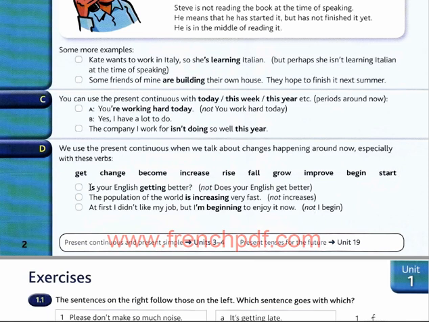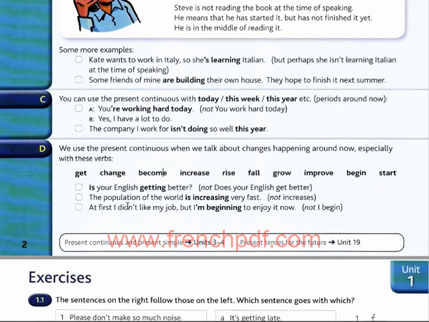For example, you say, is your English getting better? It means your process of learning English is changing. You cannot say does your English get better, because it's about changing. If someone wants to learn a language, day by day he or she will be better, so you'll say, is your English getting better?